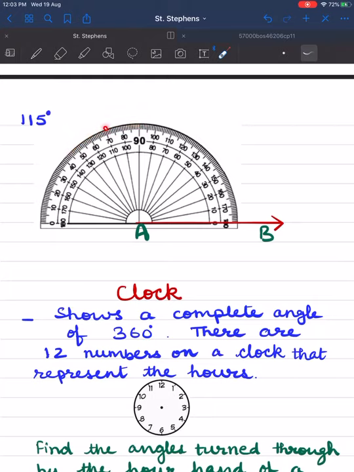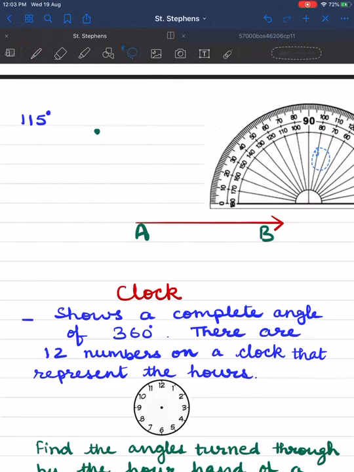So here we have 110 degrees and we read 5 small divisions and we get an angle of 115 degrees. So we mark a point at 110 and 5 small divisions in front of it. So here is the marking. So we remove the protractor and we join the point with vertex A with a straight line. So here we give it a name as C. So here angle BAC is 115 degrees.